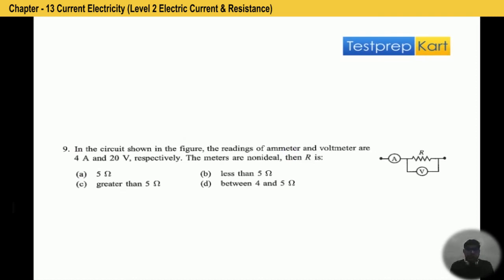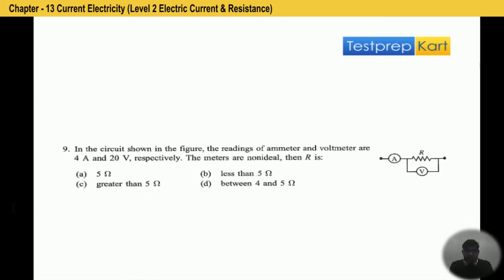Now question number 9. In the circuit shown in the figure, the readings of the ammeter and voltmeter are 4 ampere and 20 volt. The meters are non-ideal, then R is. Okay.